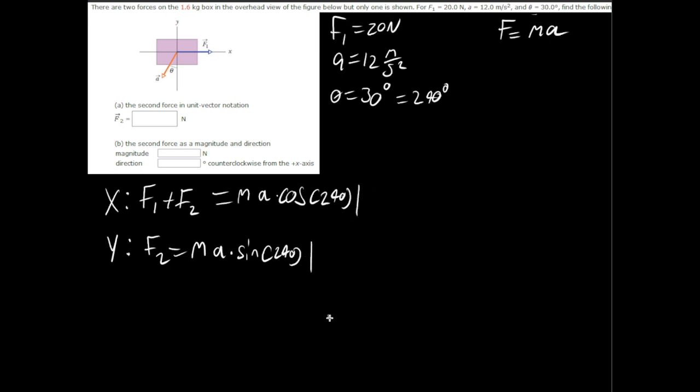And if we quickly take a look at what those would be, then we have 20 N plus F2 equals, oh, I forgot the mass.